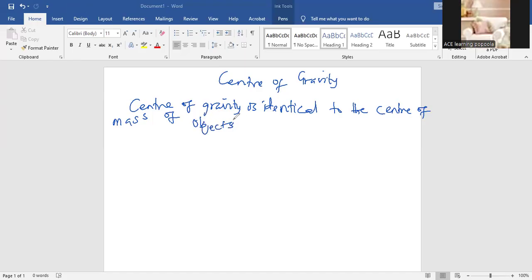Okay, and the center of mass is given by these expressions or equations.